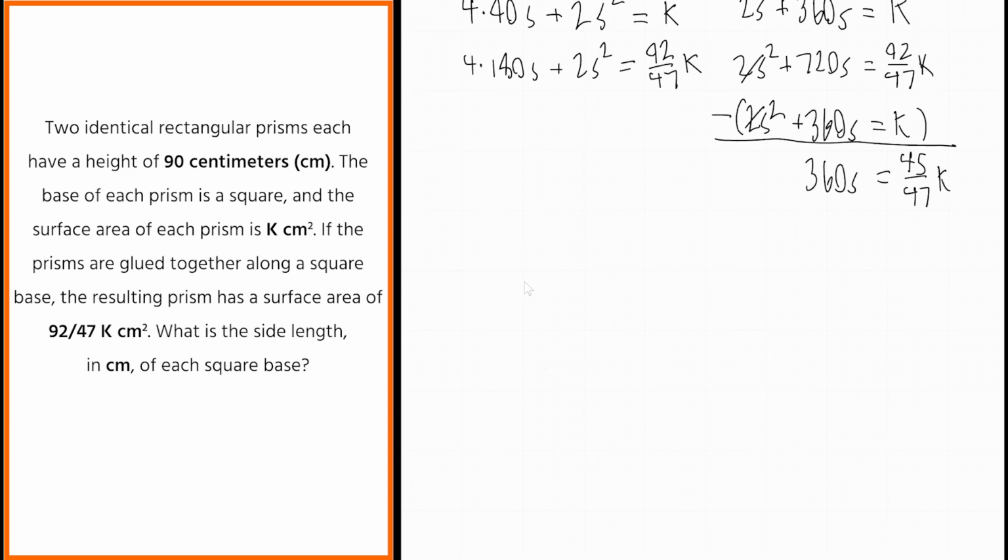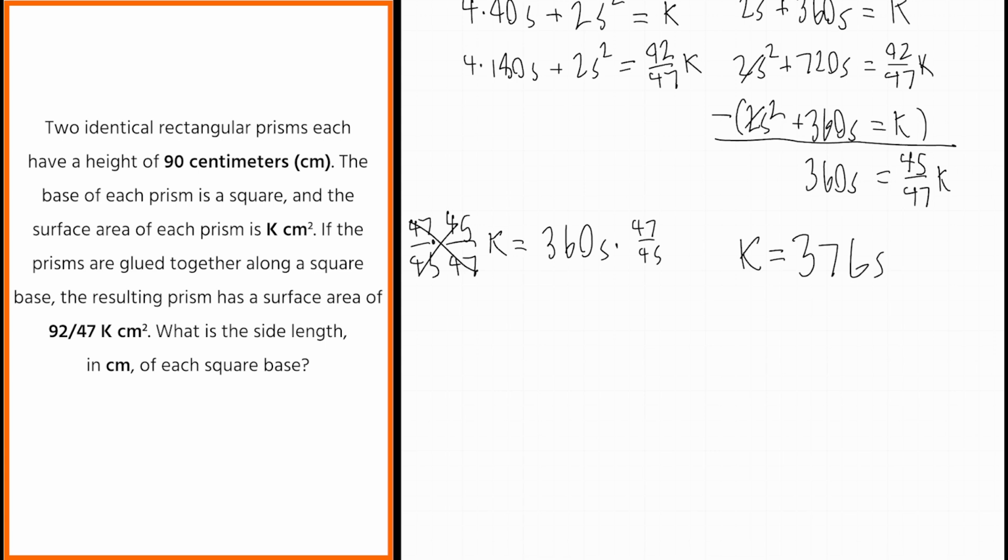I'll rewrite this over here. We have 45/47 k equals 360s. And we can just multiply both sides by this reciprocal, 47 over 45, and these are going to cancel, and we're going to be left with k equals 376s.